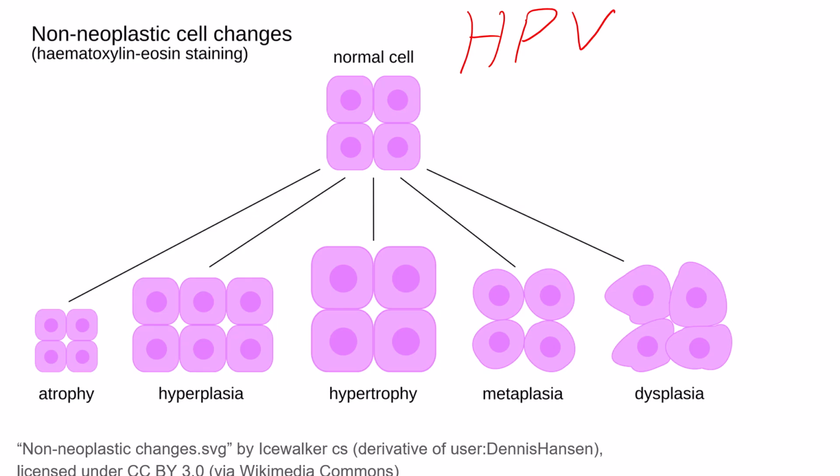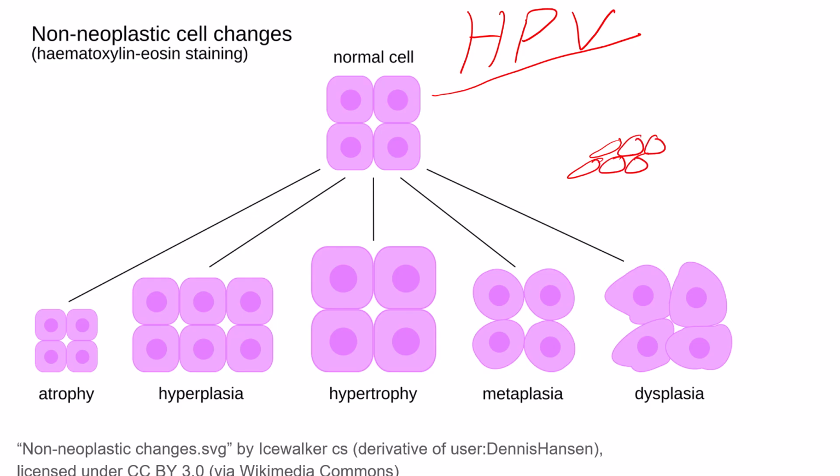And this is a virus that can get passed between people when they have sex. And one reason we are particularly concerned about this virus is because when the virus is passed to a woman, to a female, then it can infect cells in the cervix.